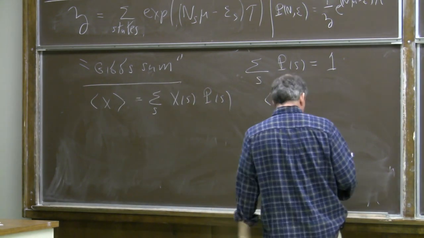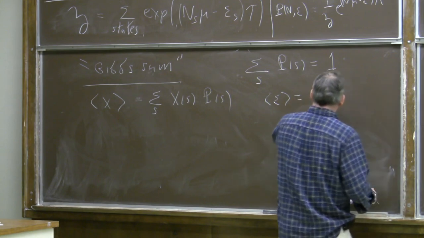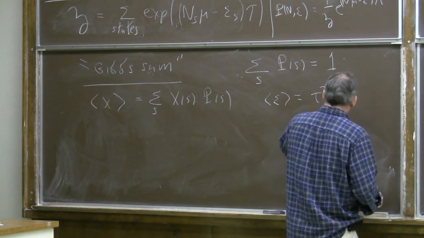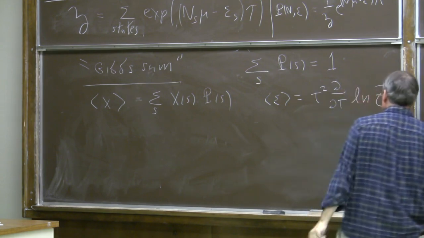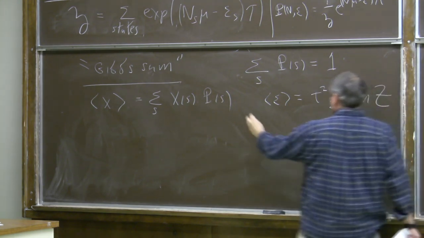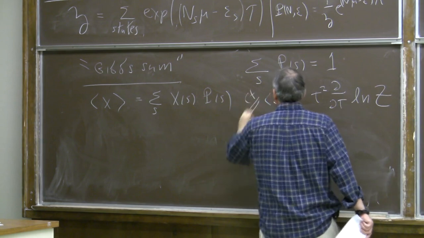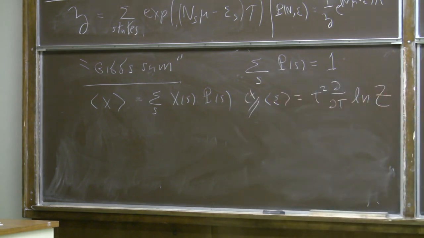The average energy was tau squared times the derivative with respect to tau of the log of the partition function. And likewise, if we want to know the average value of the particle number, we can find it by differentiating the log of the Gibbs sum.